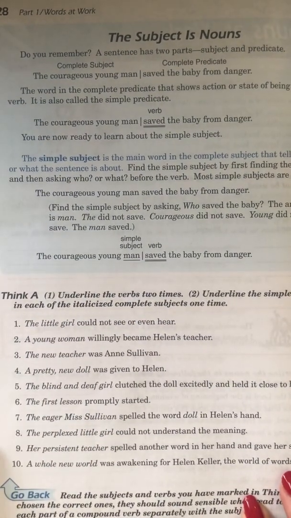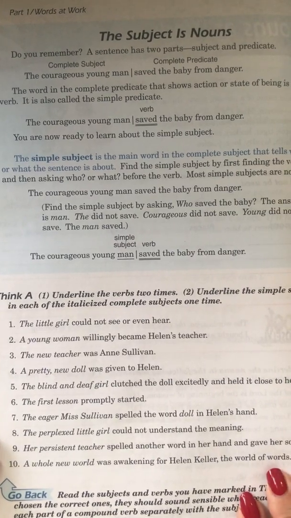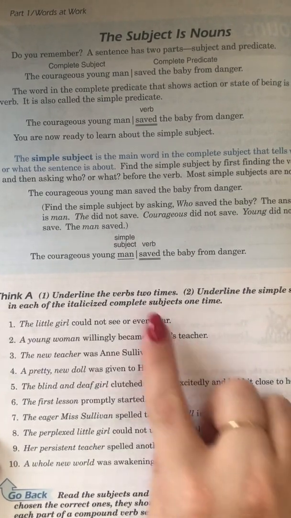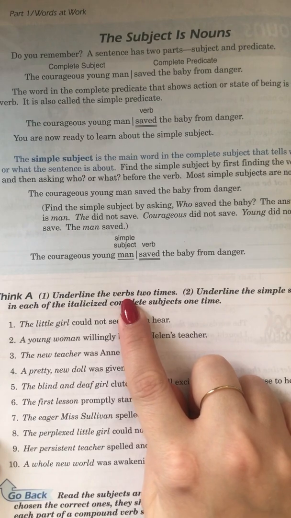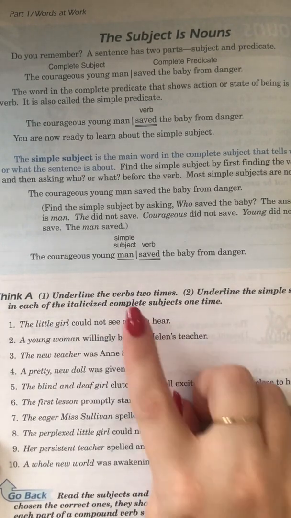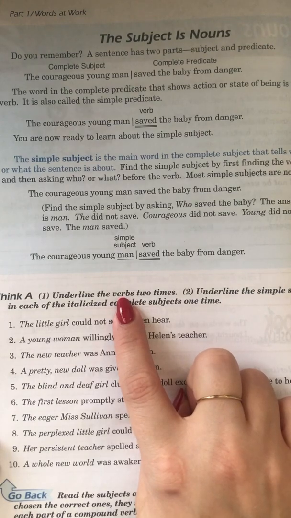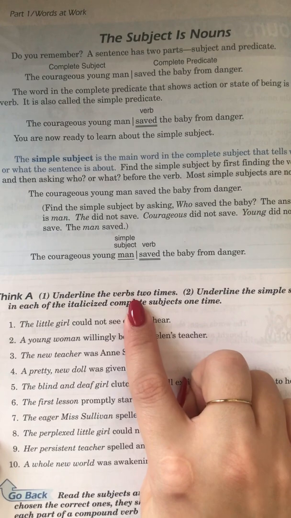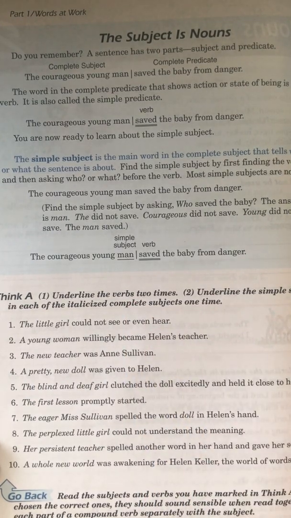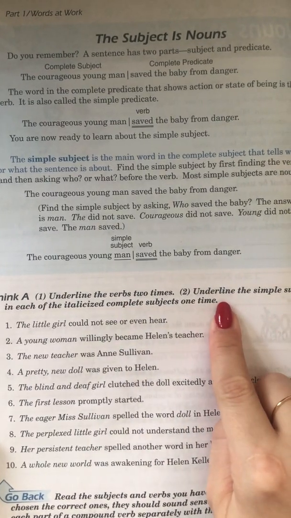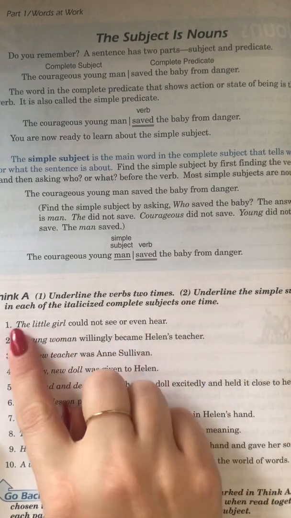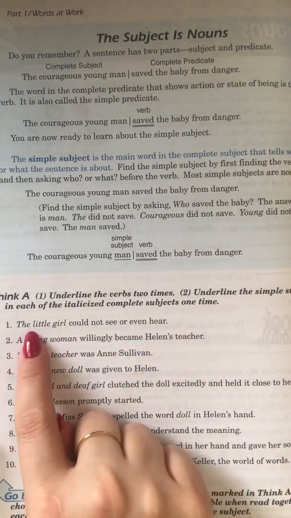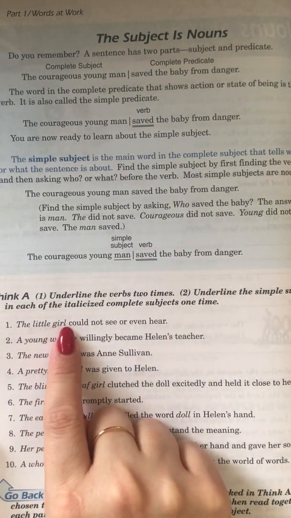So for Think A, you just have 10 sentences where you're going to underline the verbs 2 times. Remember that this is what we've been doing the past few weeks, just reviewing verbs, so underlining the verbs 2 times, and remember that verbs are usually in the predicate, and then underlining the simple subject in each of the italicized, those slanted words.